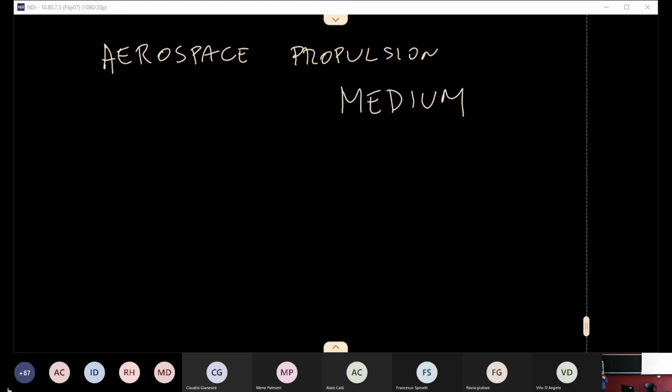In deep space, we have practically no medium. So we bring our medium with ourselves. We don't have an external medium; we provide ourselves with a medium.